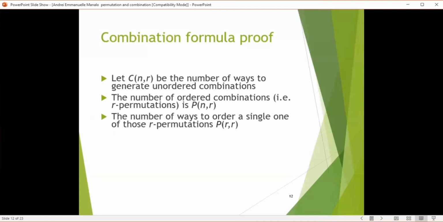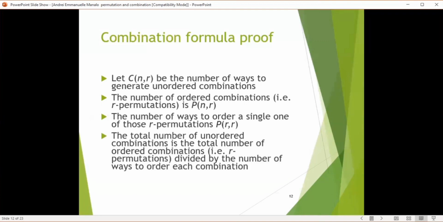The number of ways to order a single one of those is P(r, r). The total number of unordered combinations is the total number of ordered combinations divided by the number of ways to order each combination. Thus, C(n, r) equals P(n, r) over P(r, r).